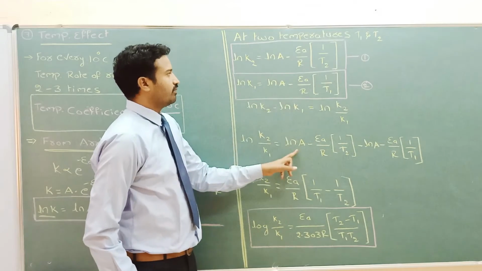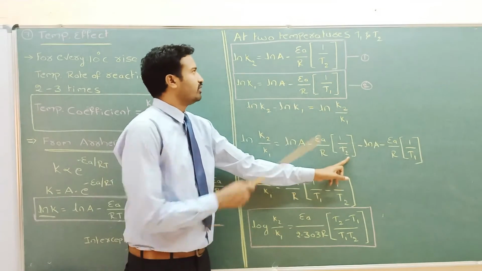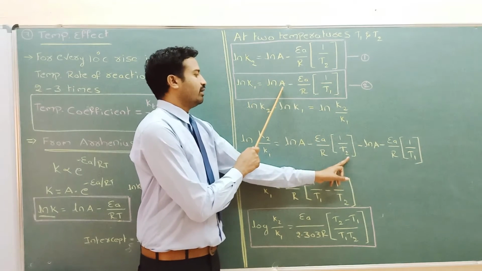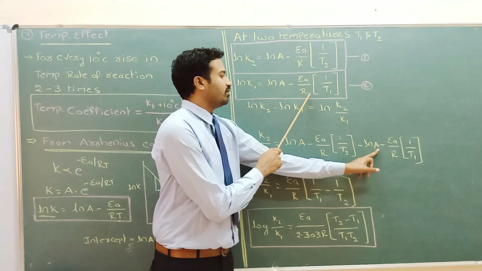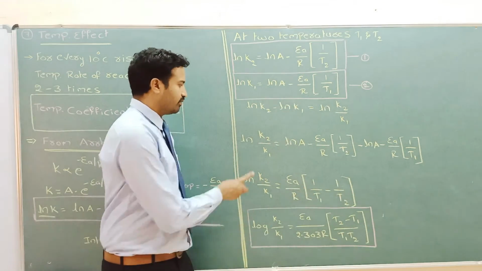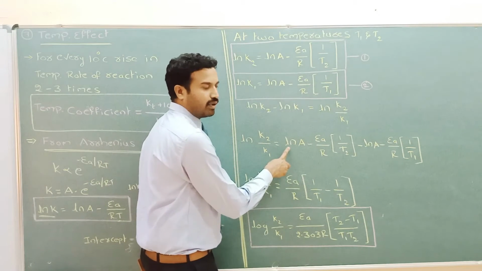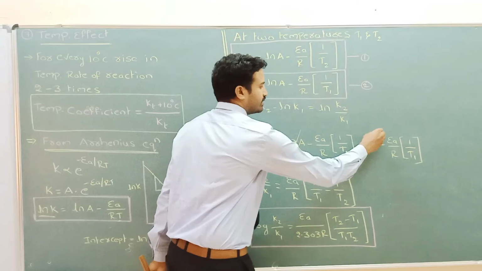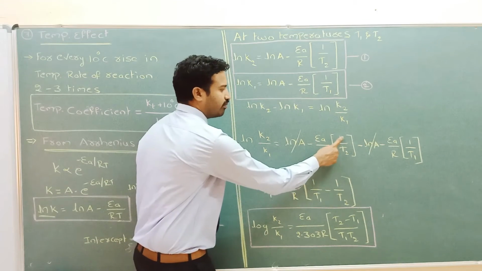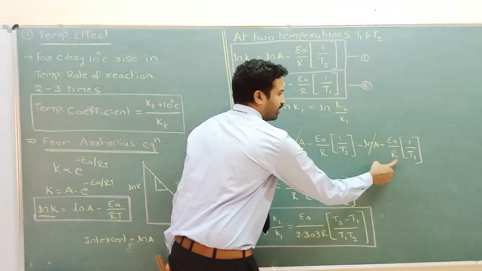So ln A minus Ea by R times 1 by T2, which is ln K2, minus ln A minus Ea by R times 1 by T1, which is ln K1. Here ln K2 by K1 is equal to ln A minus ln A, minus Ea by R times 1 by T2, and minus into minus gives plus Ea by R times 1 by T1.